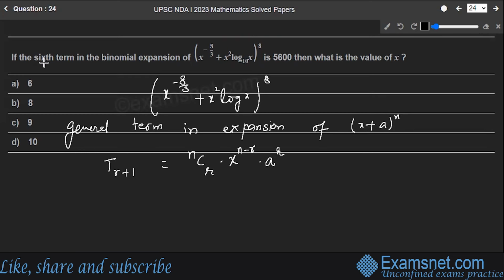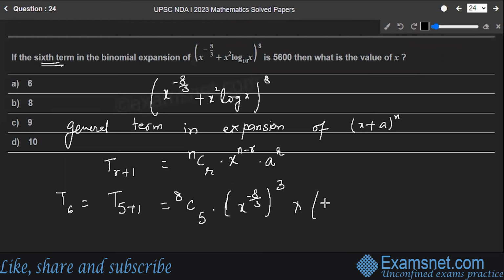So you want to find out the sixth term, that will make T5+1, right? So that means n is 8, r is 5, x is x raised to power minus 8 by 3 whole raised to power n minus r, that is equal to 3, multiplied by x square log x whole raised to power 5.